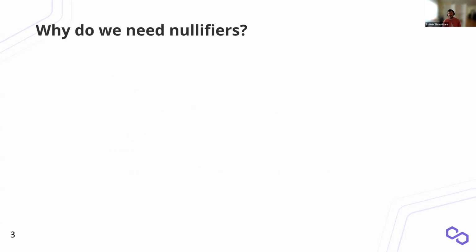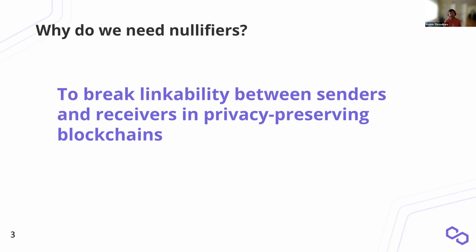So why do we need nullifiers? In one sentence, nullifiers are needed to break linkability between senders and receivers in privacy-preserving blockchains. In a traditional blockchain, or any public blockchain, when you send something to somebody, everybody can observe that the transaction went through and who the sender and the recipient were.